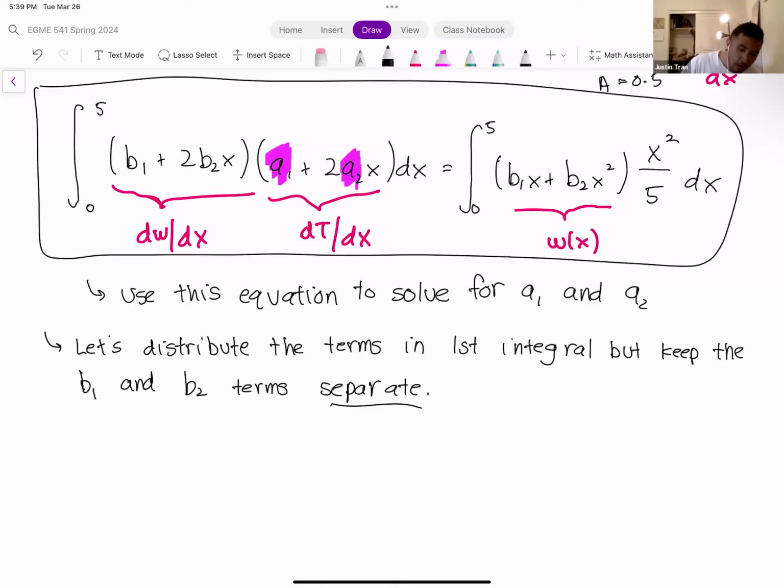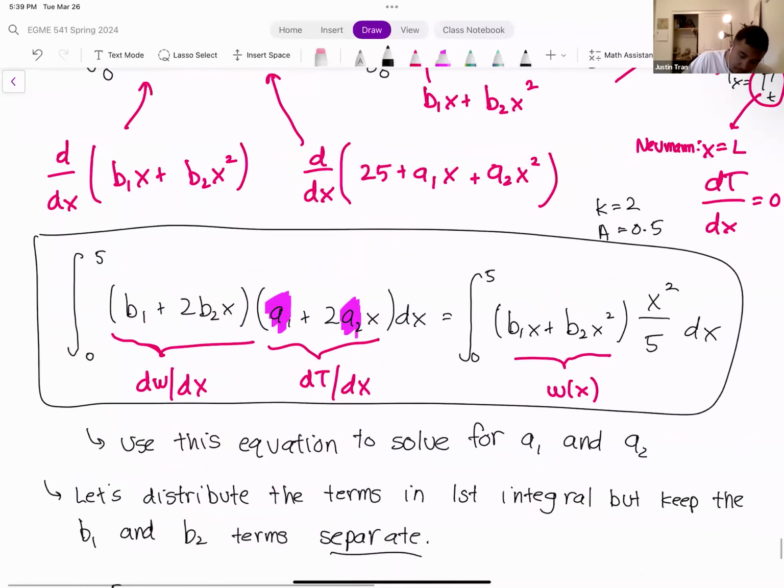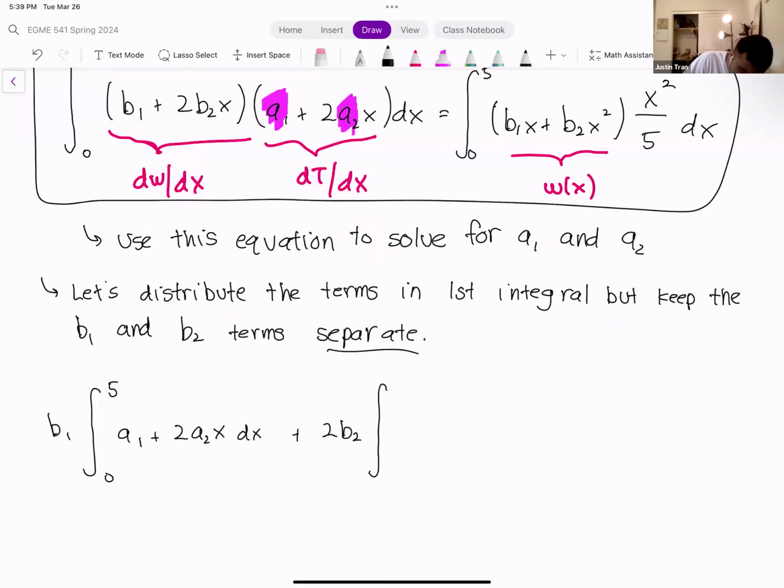For the first integral, b1 is just a constant, so we're just going to factor it out. So we have b1 times the integral from 0 to 5 of a1 plus 2a2x dx, plus 2b2 times the integral from 0 to 5 of a1x plus 2a2x squared dx.